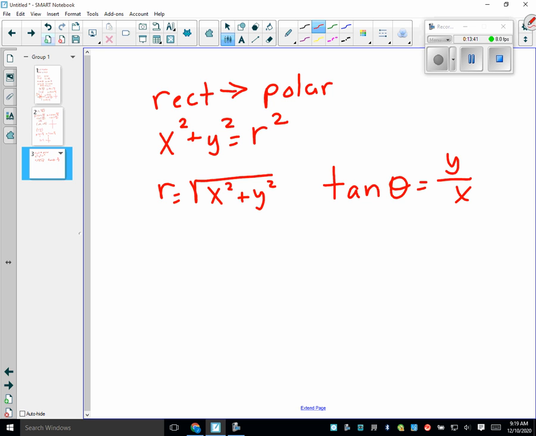For this problem, we want r to be positive, and it tells you that. We want r to be positive.